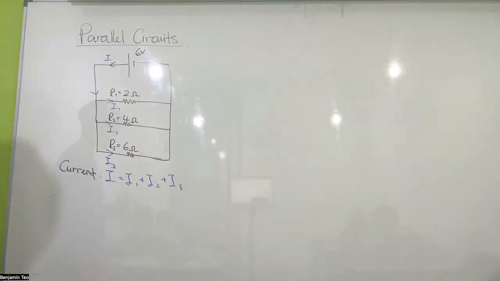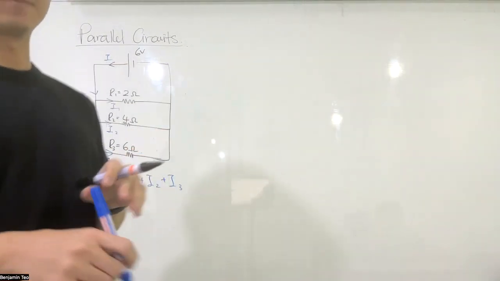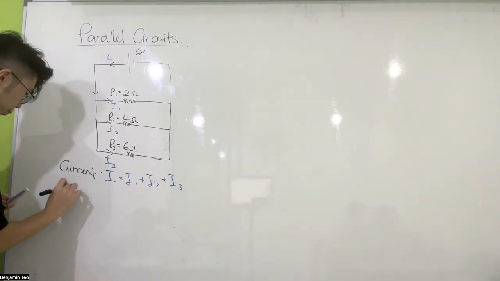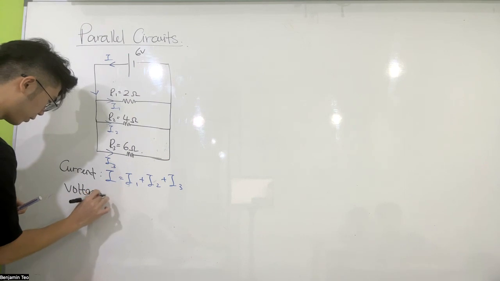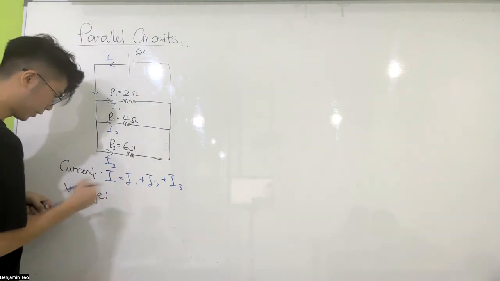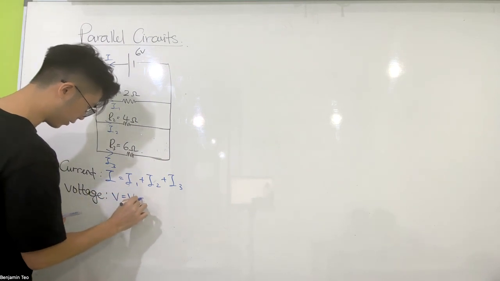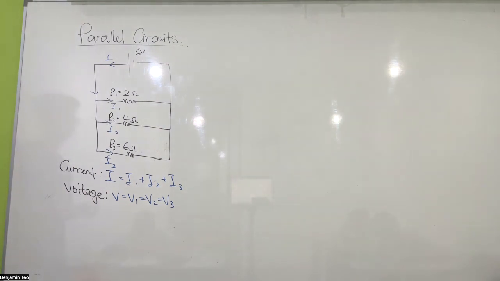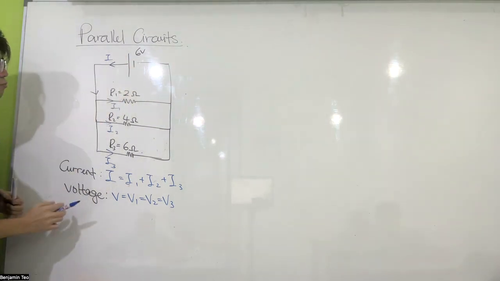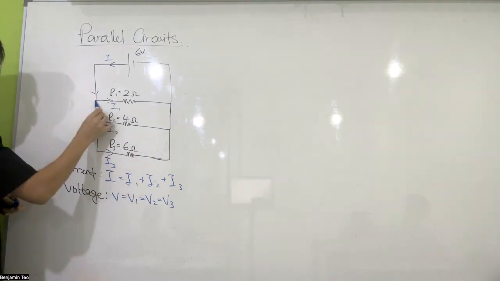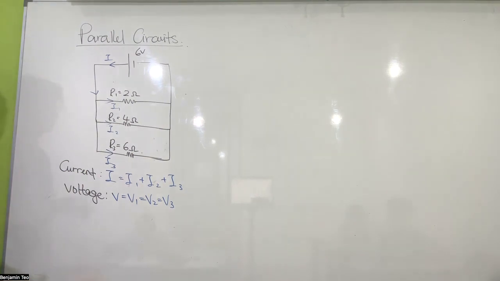So current will split at the junctions. What about voltage? Voltage will be the same in every single branch: V1, V2, V3. If the battery is 6 volts, every branch will get 6 volts in a parallel circuit.